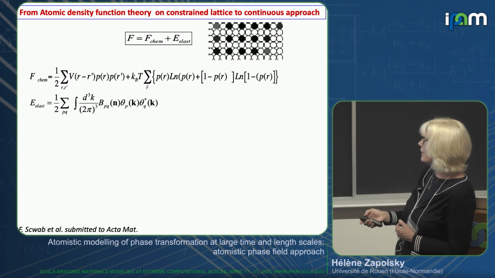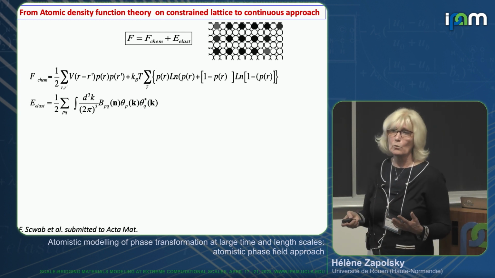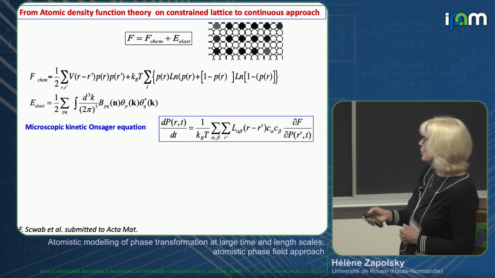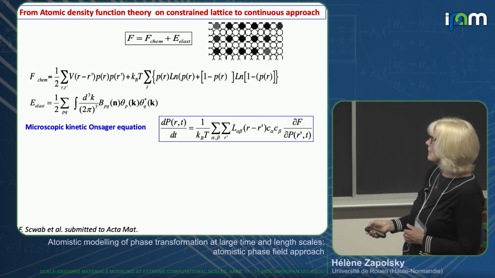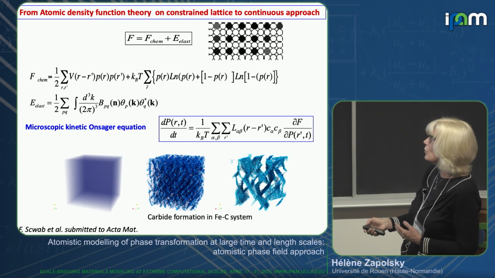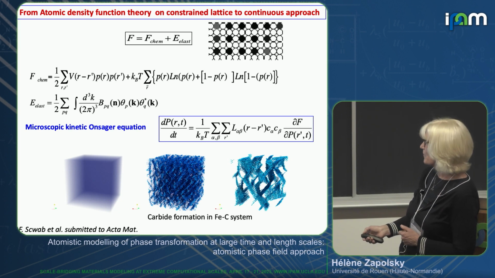Here we can also include the elastic energy like in phase field, which, as I will specify in the next slide, can also be written at the atomistic scale using Kanzaki forces. So using the atomistic Landau-Khalatnikov equation, we can solve this kinetic equation and obtain the different evolutions, for example, in this case, of a carbon atom which diffuses in the martensite BCC lattice.